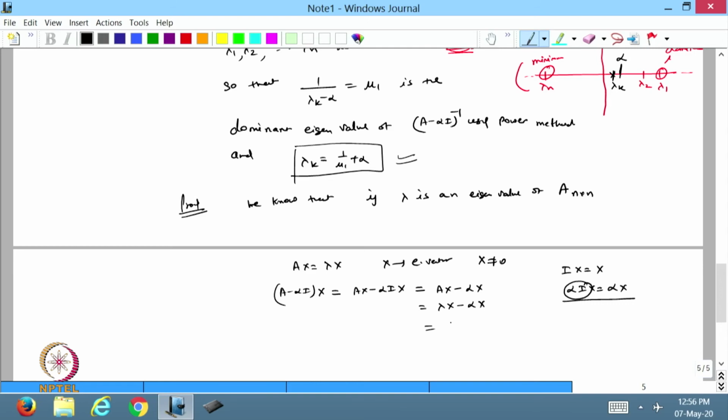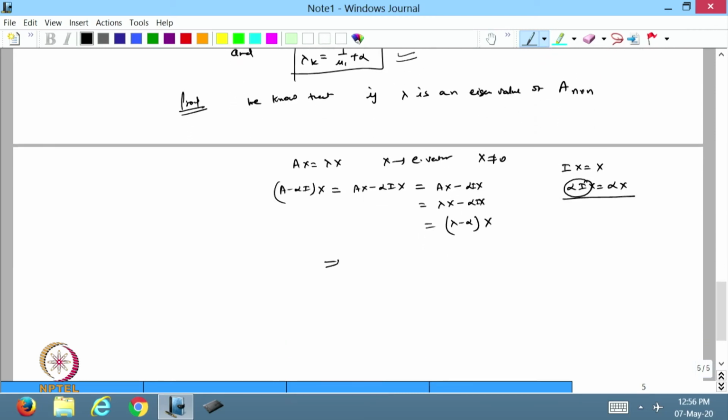So, from here I can write lambda minus alpha times x. This can be written like this, because this should be a matrix, so I should always put I here, and then lambda minus alpha, and x I can take out.